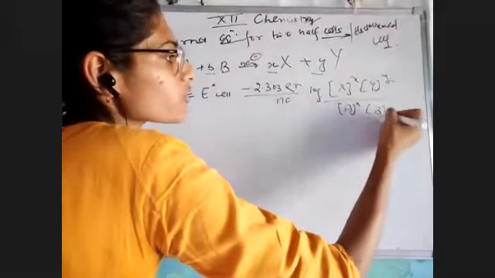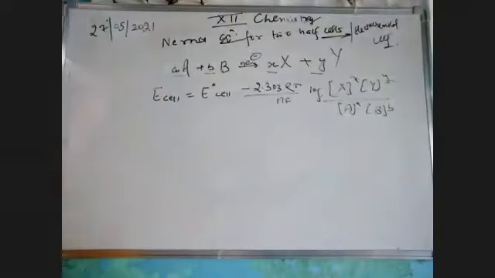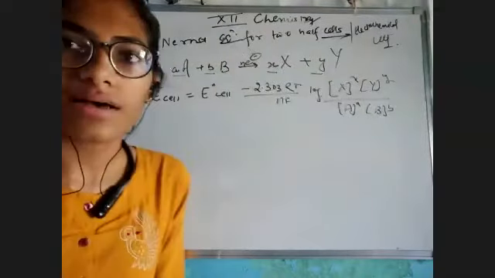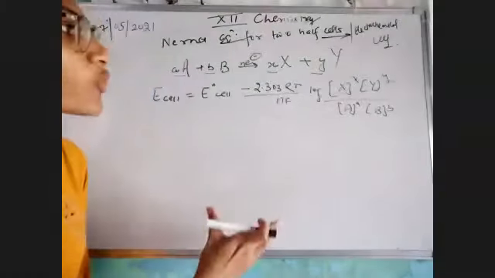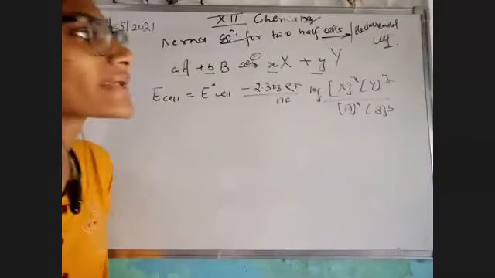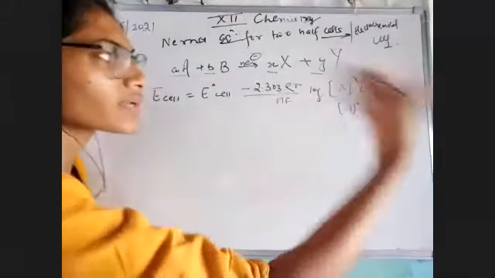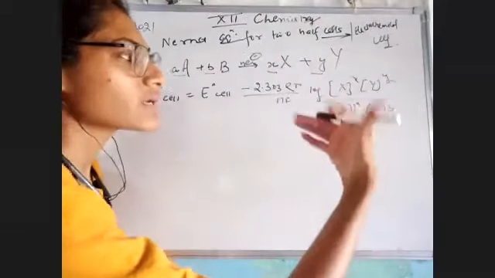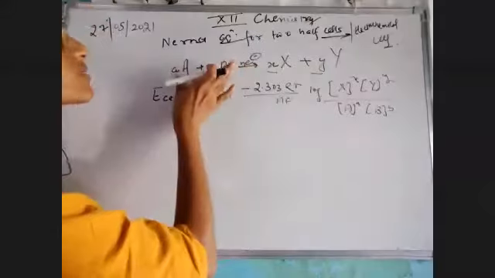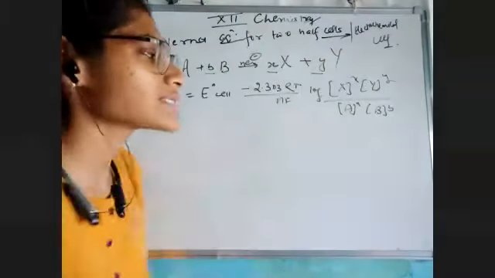Am I clear or not? This is like we did in yesterday's class, but we have combined our two half cells and our equation has become a little bit complex. But you can easily check that this is our final equation, where the product is the numerator and the reactant is the denominator.